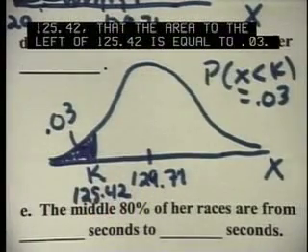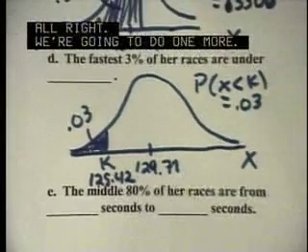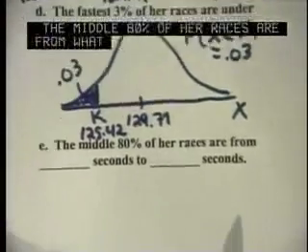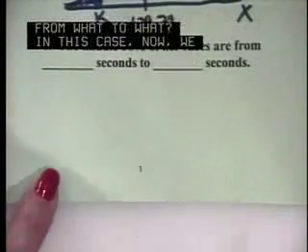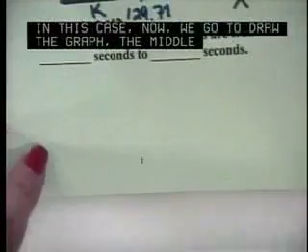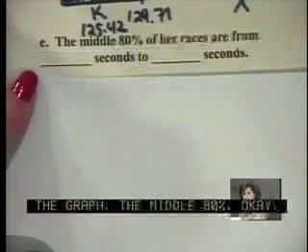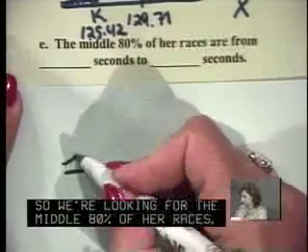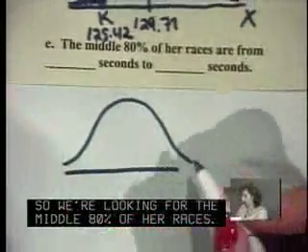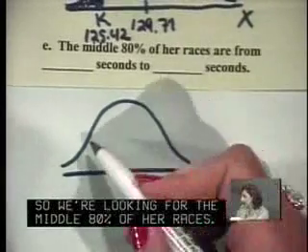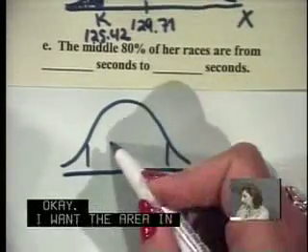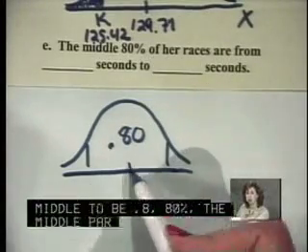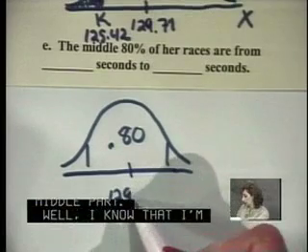All right, we're going to do one more. The middle 80% of her races are from what to what? In this case now, we go to draw the graph, the middle 80%. Okay, I want the area in the middle to be 0.8, 80%, the middle part. Well, I know that I'm centered at 129.71.